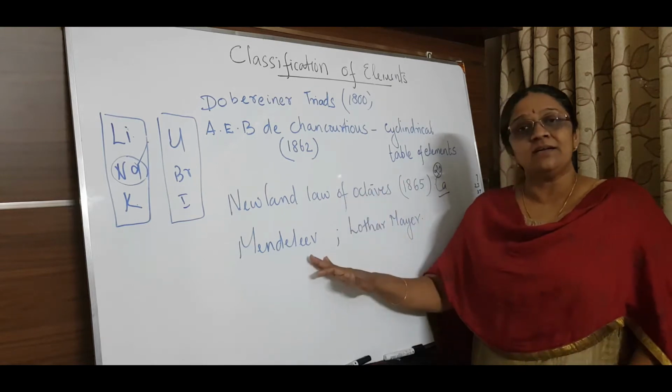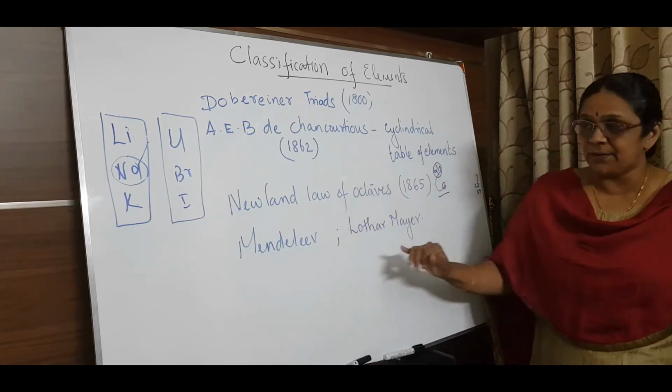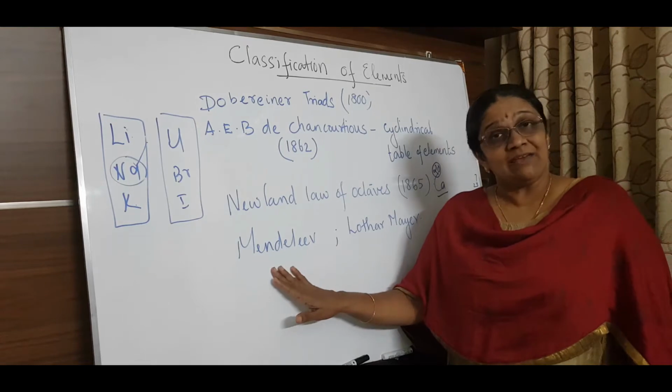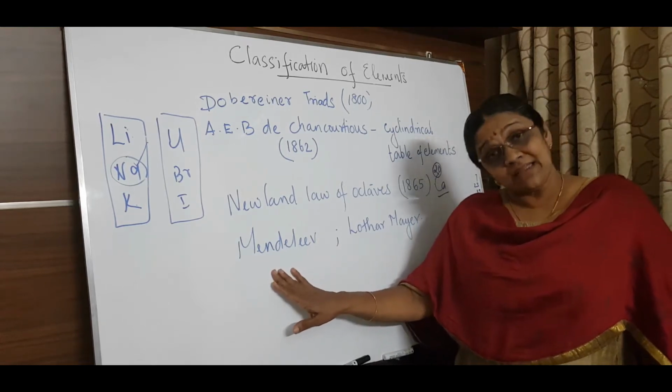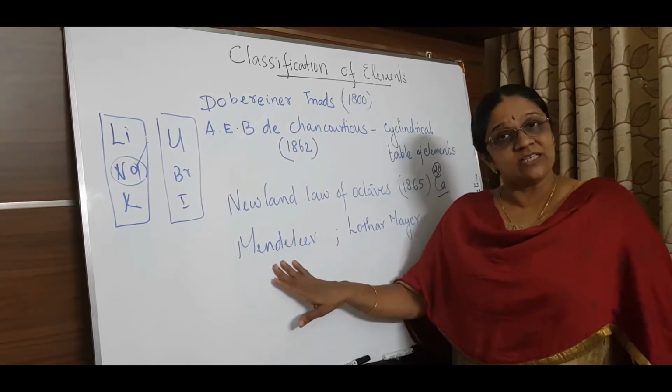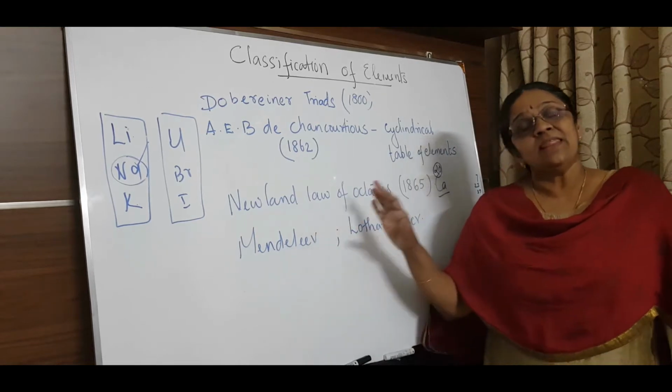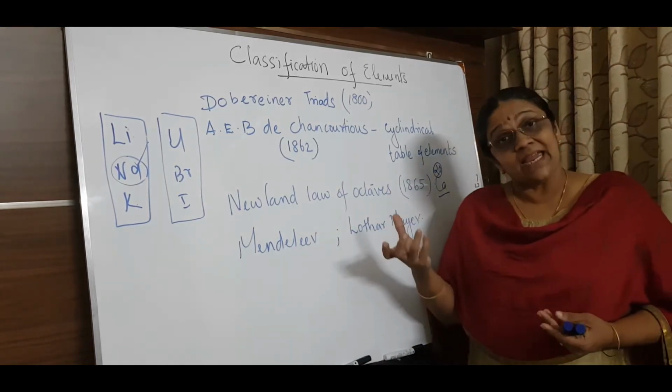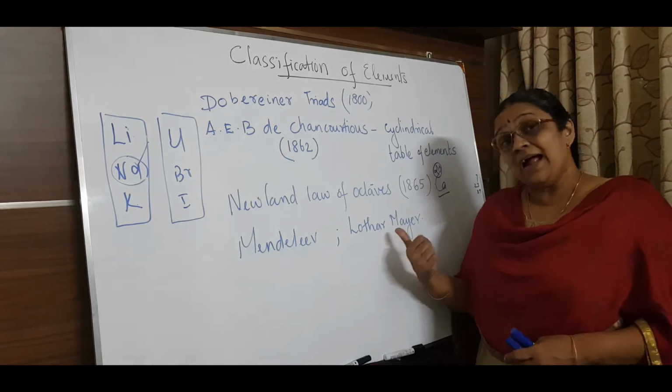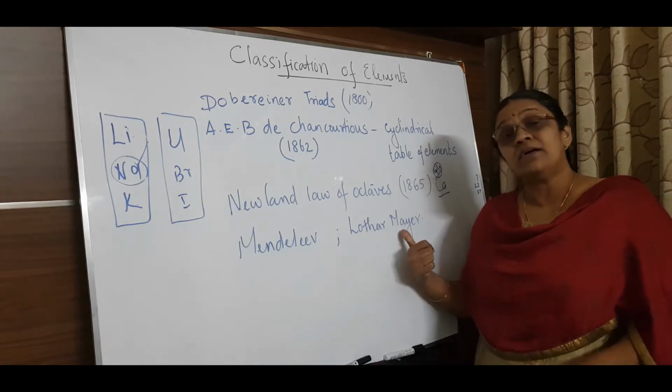Next comes the father of the periodic table, Dmitri Ivanovich Mendeleev. But at the same time, the work on the periodic table was also done independently by another scientist, called Lothar Meyer.